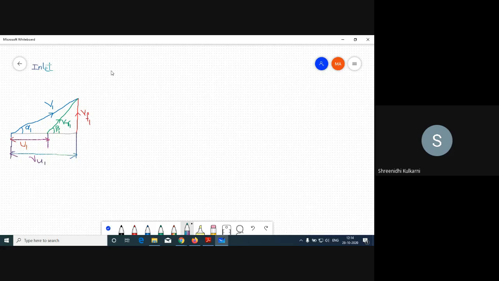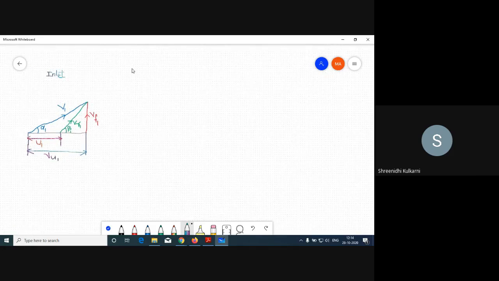This is inlet. Okay, so the same here, we are going to draw the outlet velocity triangle, using the same colors. So red color, this is BF2.